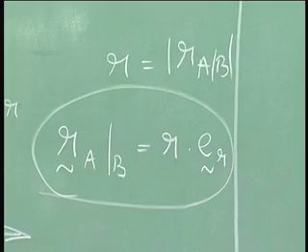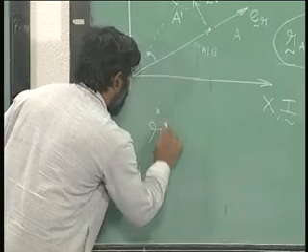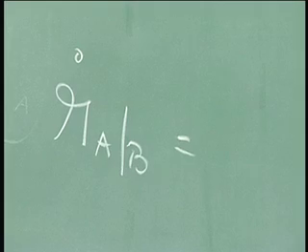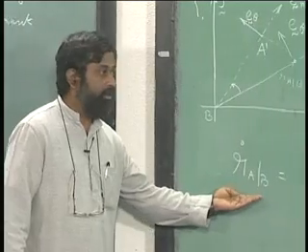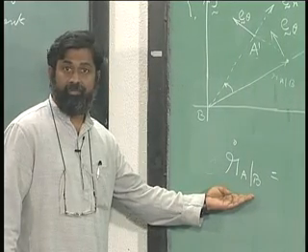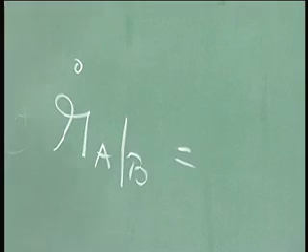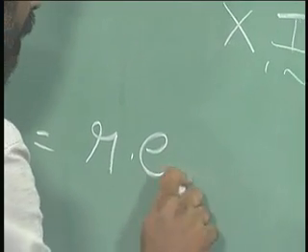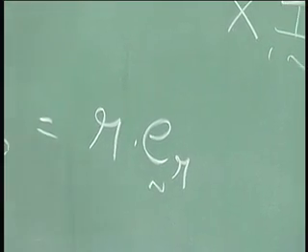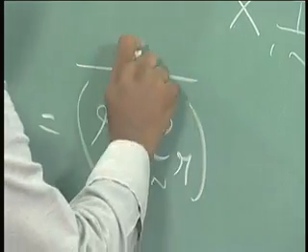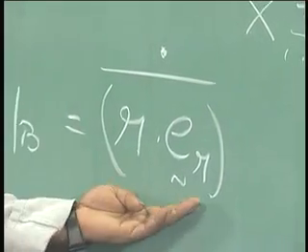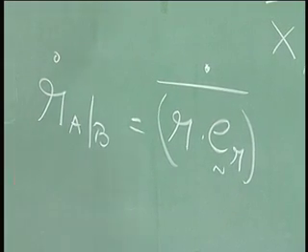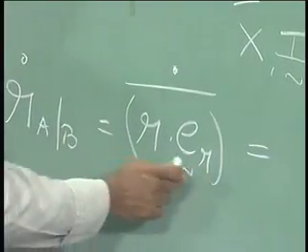Given this, how do I find out R dot of A with respect to B? Most of what we are going to talk about will involve this R dot of A with respect to B. Simple, we will use the simple derivative. The time derivative of this is what is going to give us the derivative, but this is a product of two quantities which could be changing with time.